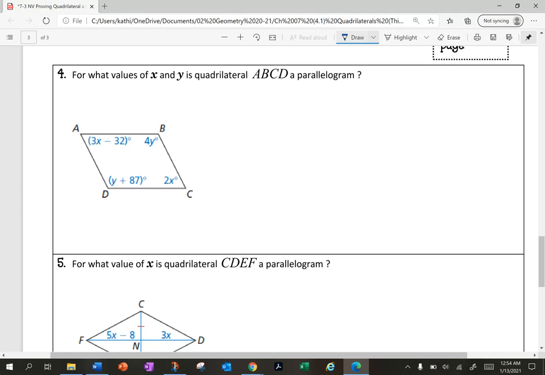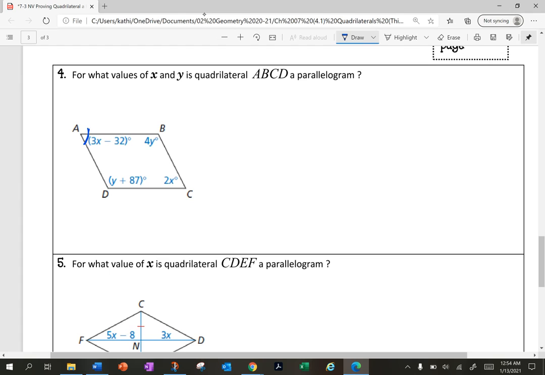For what values of x and y is quadrilateral ABCD a parallelogram? This time I want to say my opposite angles are congruent, or my consecutive angles are supplementary.